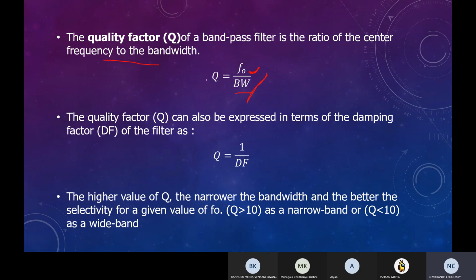So the higher the quality factor, the lower the bandwidth, and the narrower the band would be. We will say if the quality factor is greater than 10, it is a narrow band, and if it is less than 10, then it is a wide band. Quality factor is also defined as 1 upon the damping factor. We'll see what this damping factor is. So these are the main definitions.